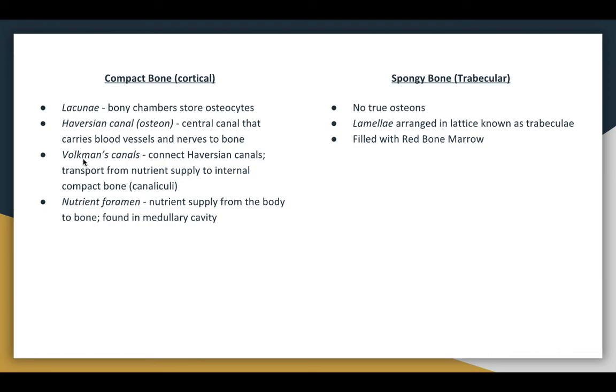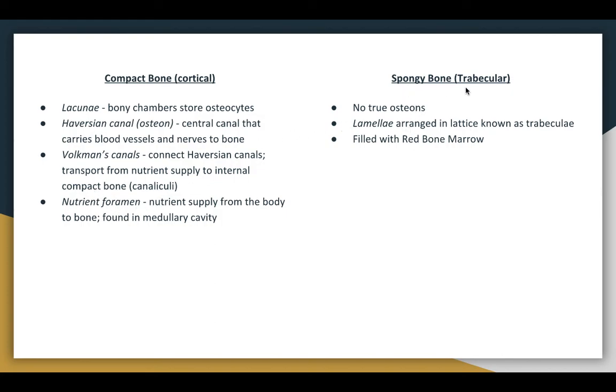We see also Volkmann's canals, which connect Haversian canals and support the nutrient system to internal compact bone, also called the canaliculi. It's hard to say, canaliculi. And the nutrient foramen, which provides nutrient supply from the body to the bone. It's found in the medullary cavity. All right, so these are the different features that we would see in compact bone.